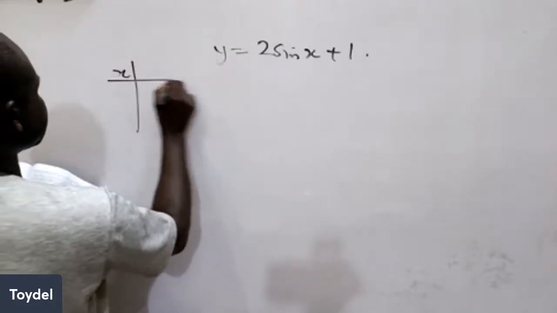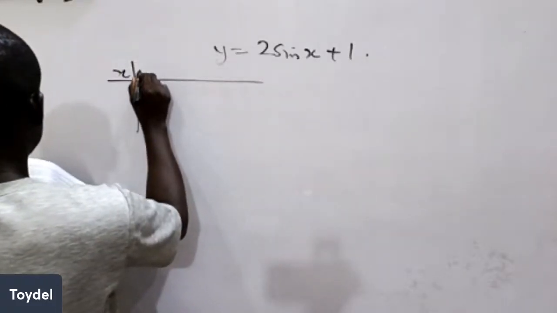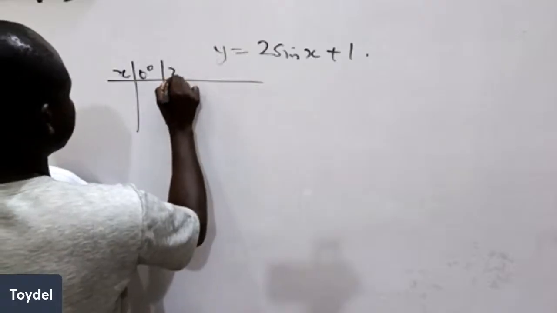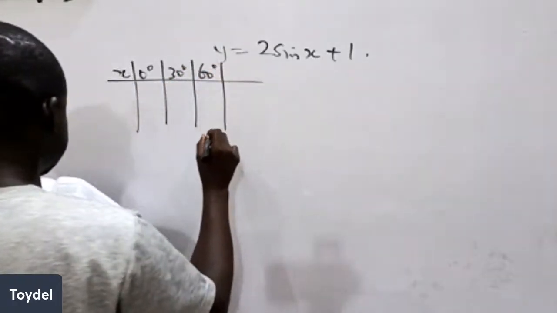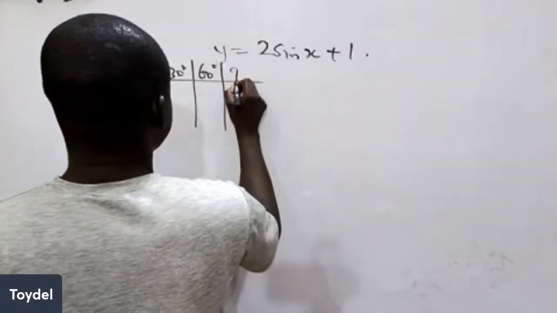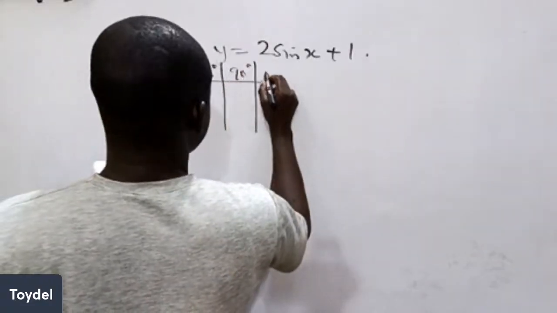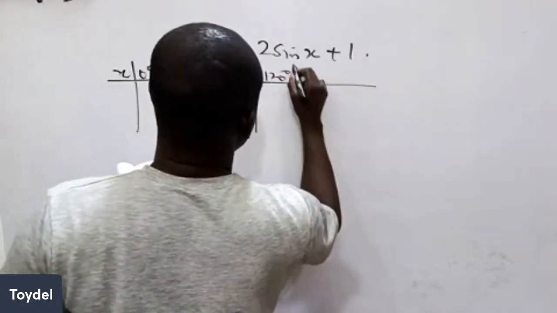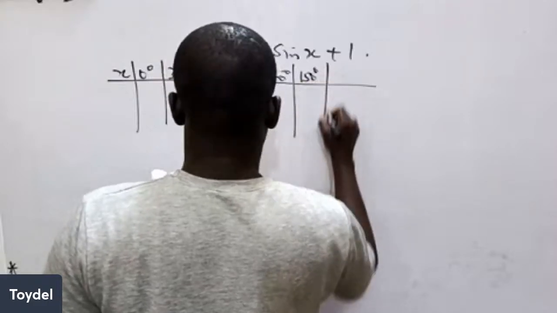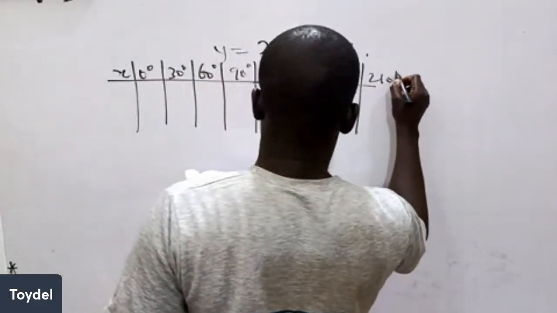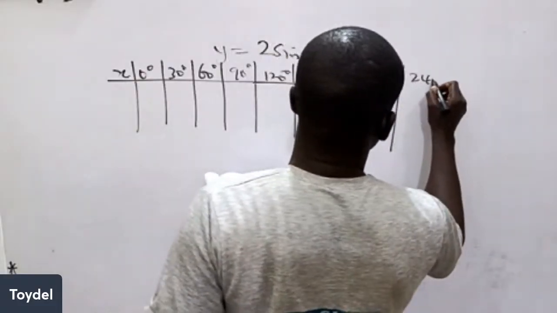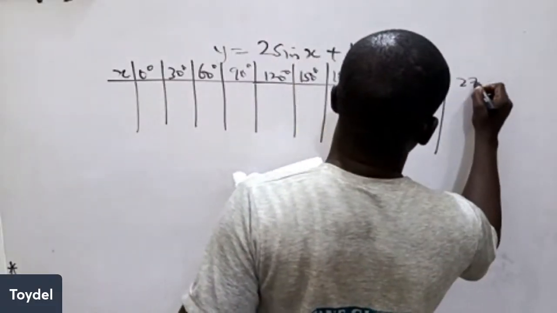X is equal to 0 degrees. We have 30, we have 60 degrees. So I can generate the value of this one offhand. We have 90 degrees, we have 120, 150, 180, 210, 240, then 270.